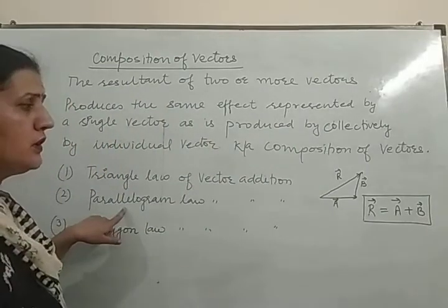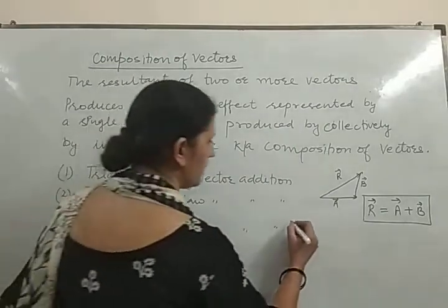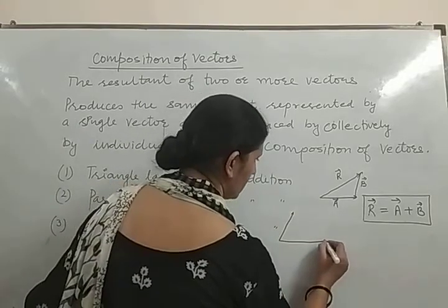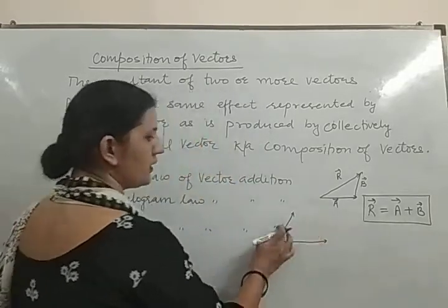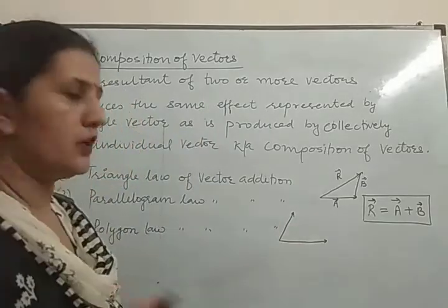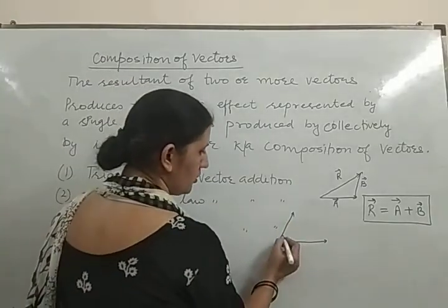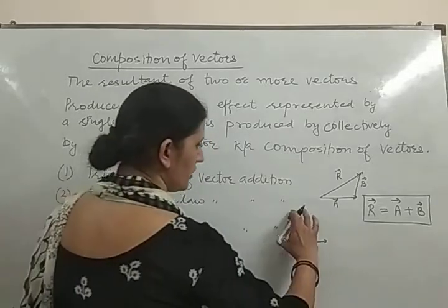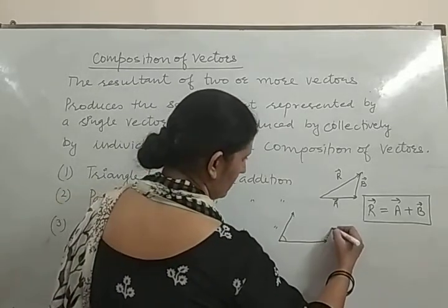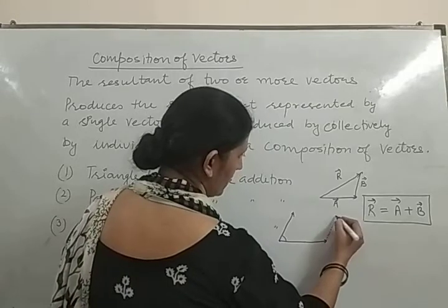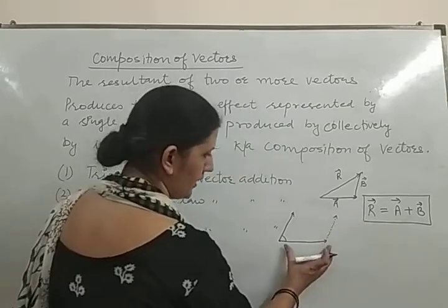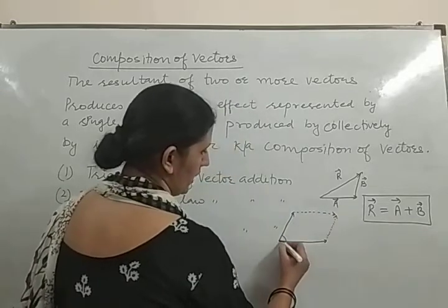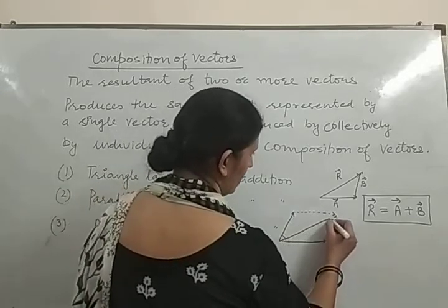Okay, we talk about the parallelogram law. For the parallelogram law, the one vector is like this and the second vector is like this. These two vectors are not in same order, but they are starting from the same point, so we draw the parallel line of the same magnitude and the parallel line like this for the same magnitude, and we draw the diagonal.